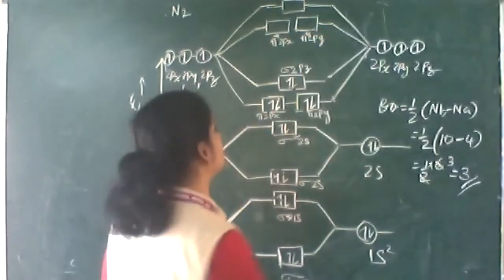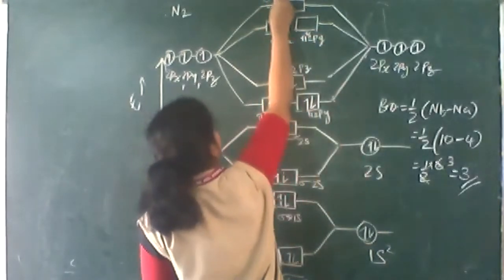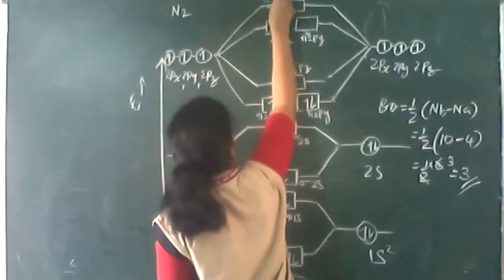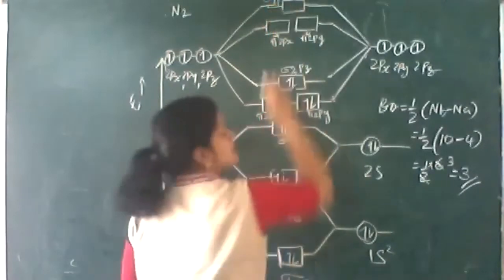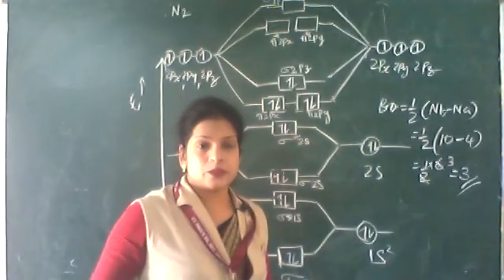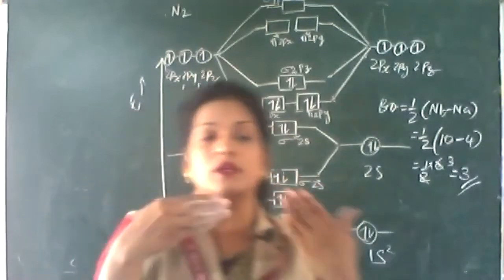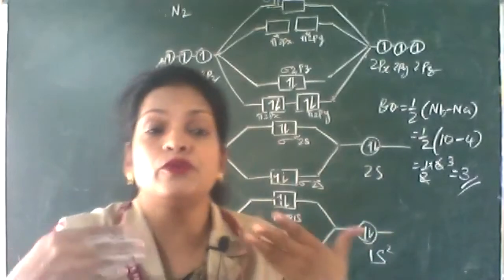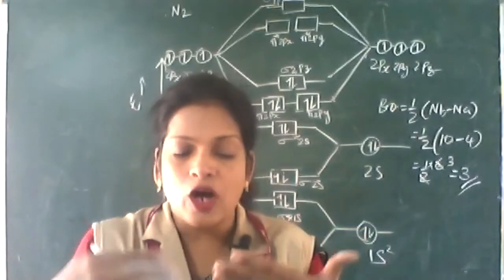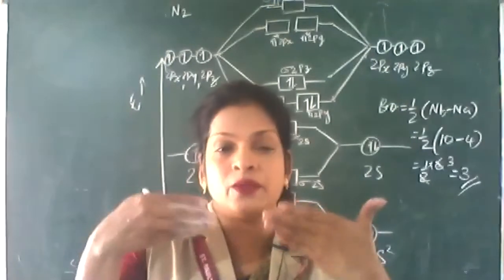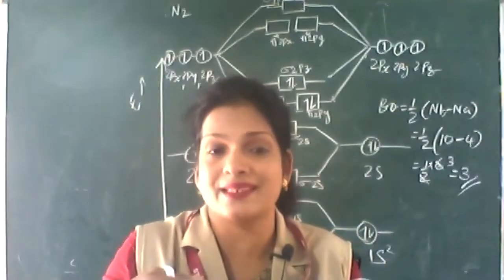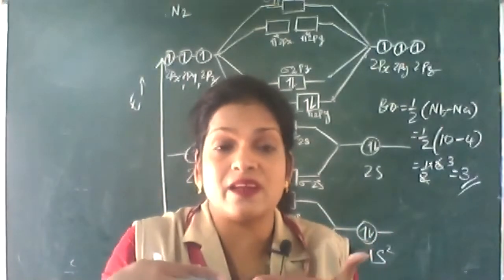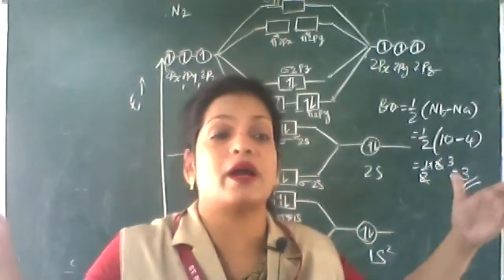Then sigma star 2pz. So when two oxygen atoms come closer, and likewise when two fluorine atoms come closer, the orbitals lying along the internuclear axis, which we take as the z axis, experience very high repulsion and repel far apart.